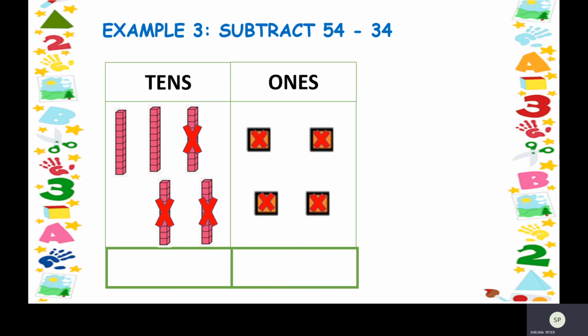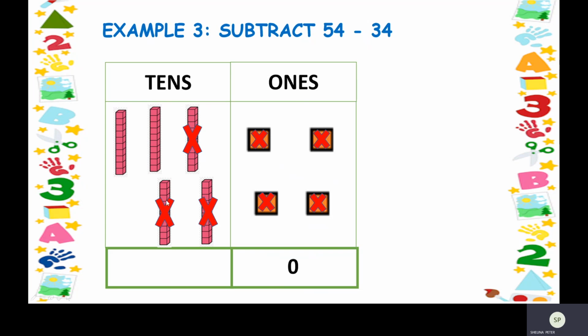Now what are we going to do next? Very good. We are going to count the total number of blocks that are left, starting from the ones place. So how many blocks are left here? Okay, as you can see, all the blocks have a cross sign. So that means nothing is left in ones place. So we'll write down 0.